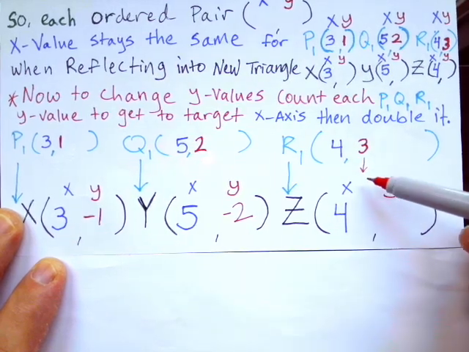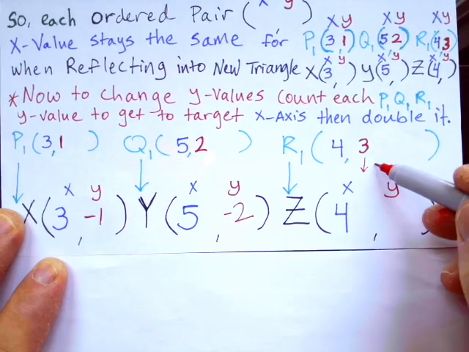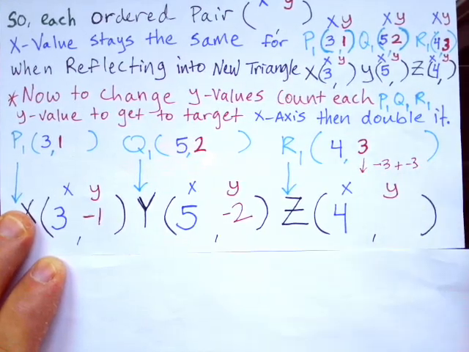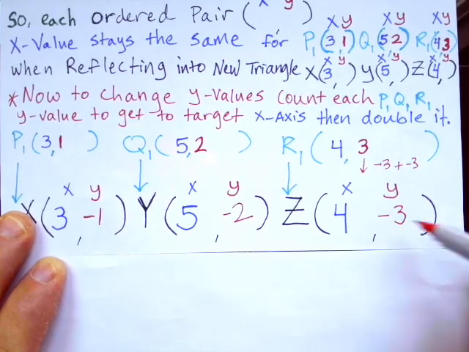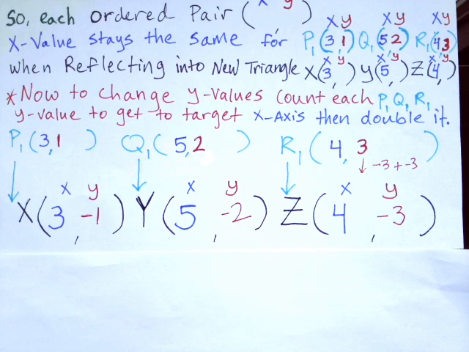And then in order to get from the x-axis to its new reflected location, you count another -3. -3 from 0 is -3. And you have your 3 options for your answer. The answer is C. (3, -1), (5, -2), and (4, -3).